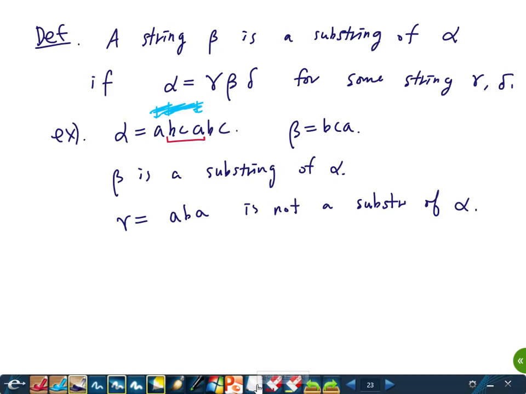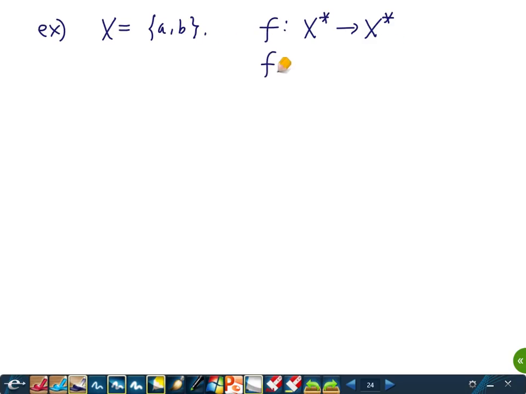Okay, let me give you some examples. X equals {A, B}. F is a function from X star to X star. What is X star? The set of all strings over X, that is, over A and B. And how do we define this function? It's defined by f of alpha equals alpha reverse.